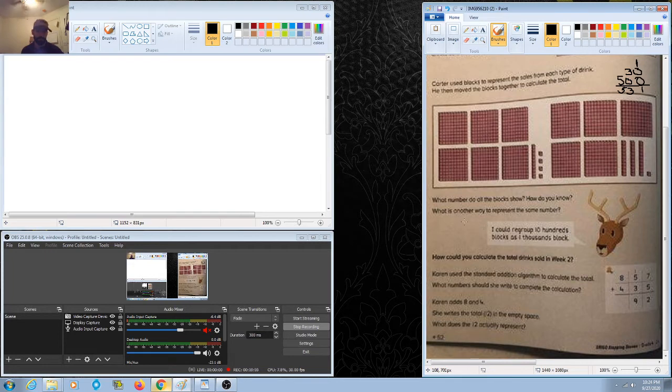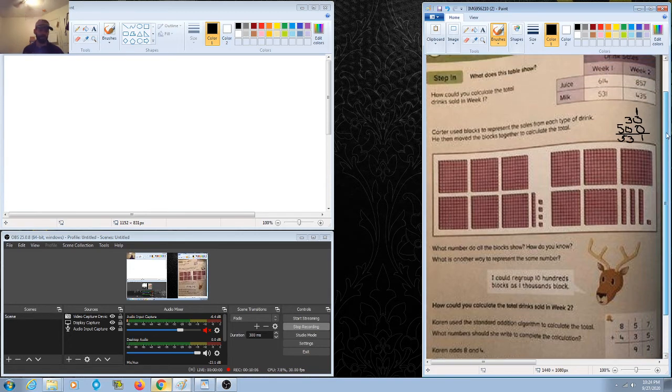Another way to represent the same number is to use these blocks and represent their values in a place value column situation. That's what I did here, because we can represent the ones place as 1 for 531. We have 3 groups of 10, so that's 30, and then we have 500, 5 groups of 100.